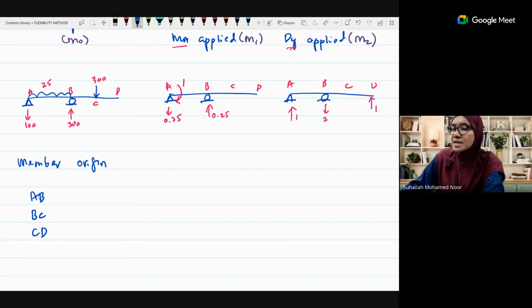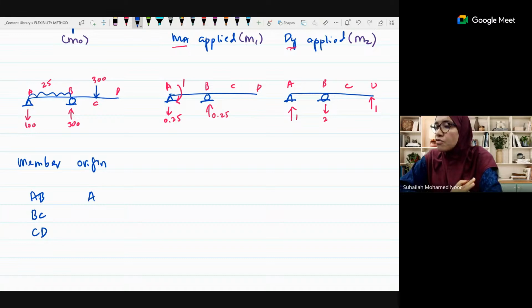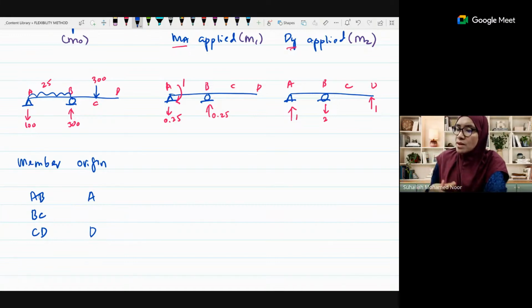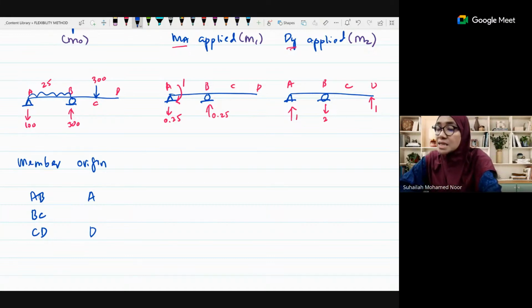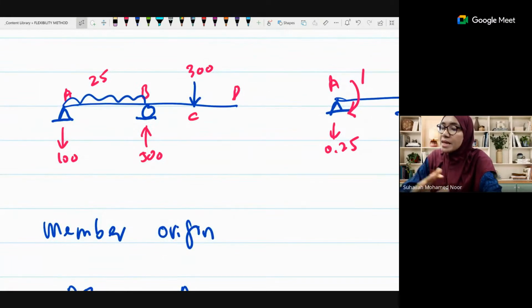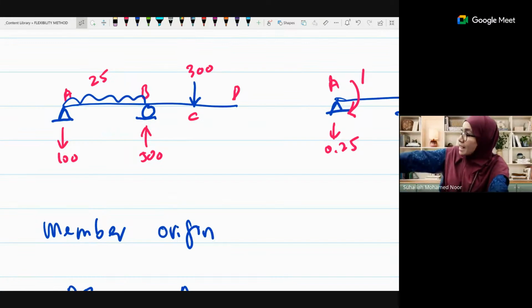So for AB, the easiest of course is A. For CD, D. For BC, you can choose A, B, C, or D. Anyone can be the origin. Not necessarily all from A. Because if you look at the diagram, if you choose origin A for BC, there is a lot of loading, right? So the easier one is from the right.